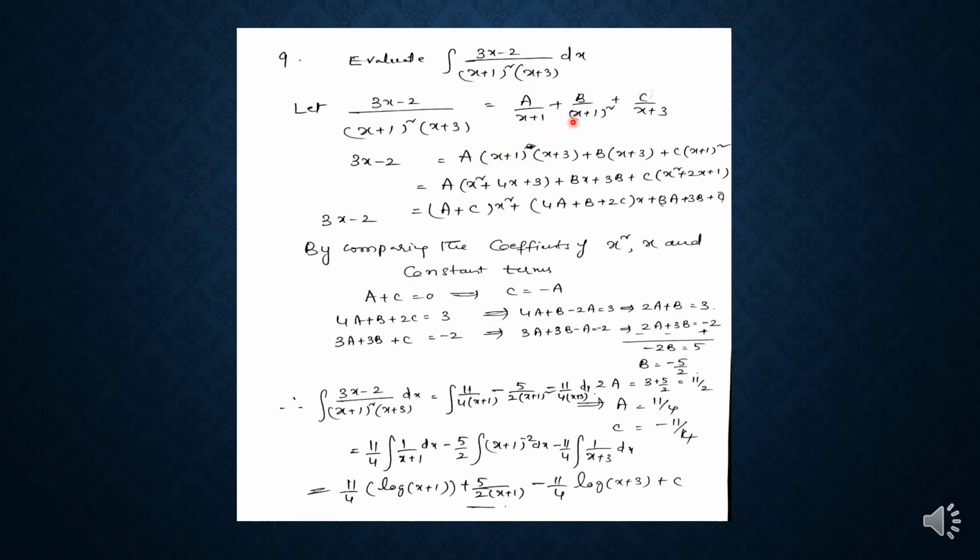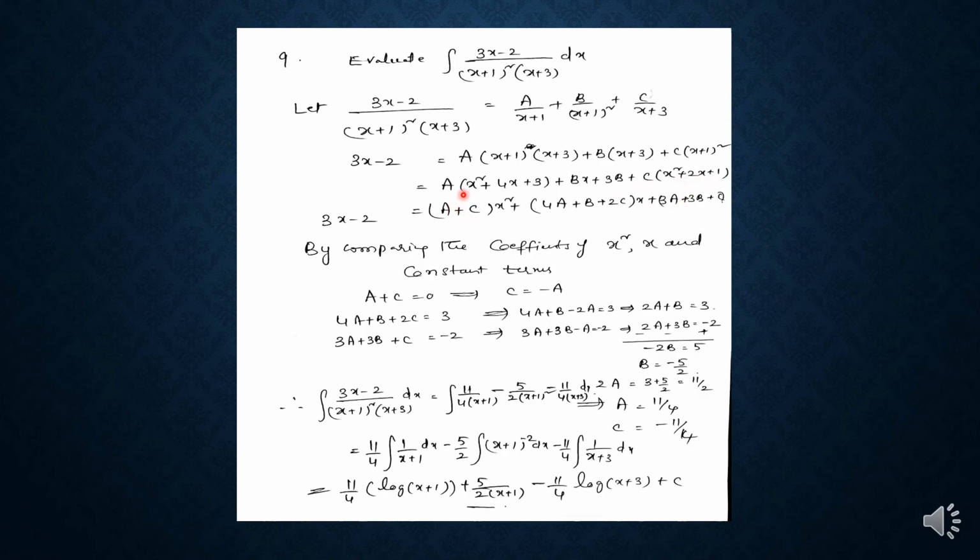A into (x plus 1) into (x plus 3) plus B into (x plus 3) plus C into (x plus 1) whole square. By expanding these terms, we will get A into (x square plus x plus 3x plus 3), that is x square plus 4x plus 3, plus Bx plus 3B plus C into (x square plus 2x plus 1).